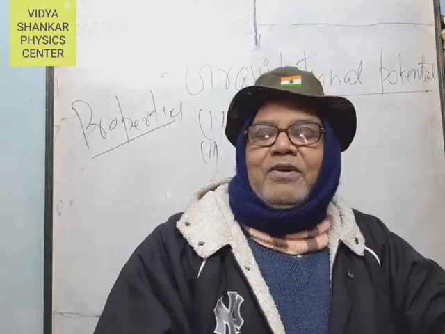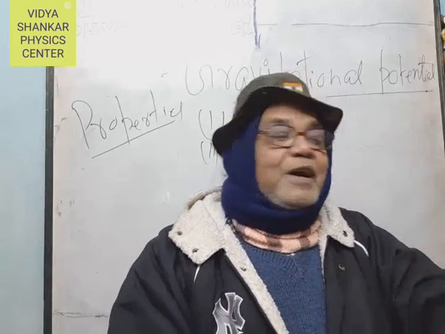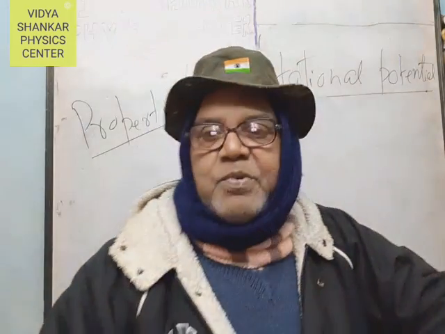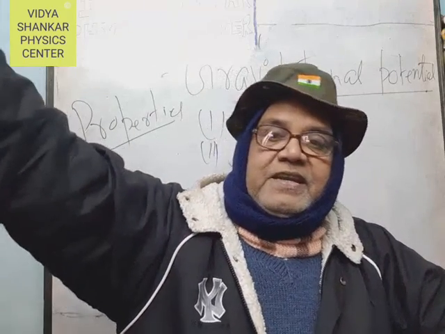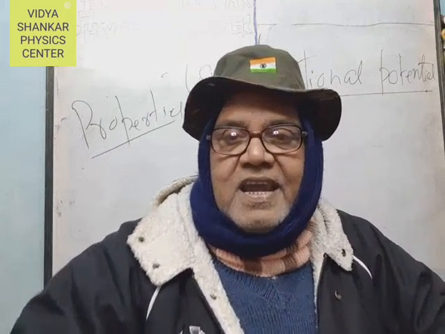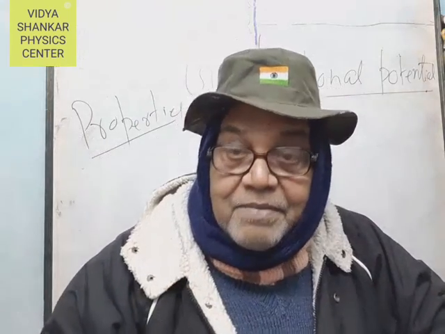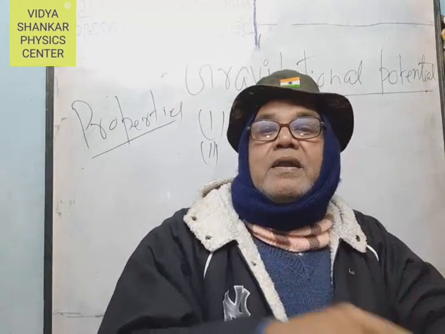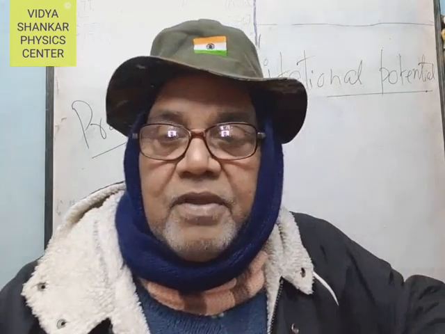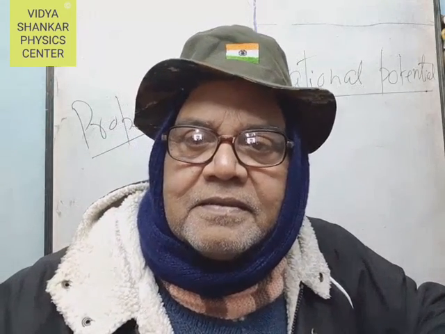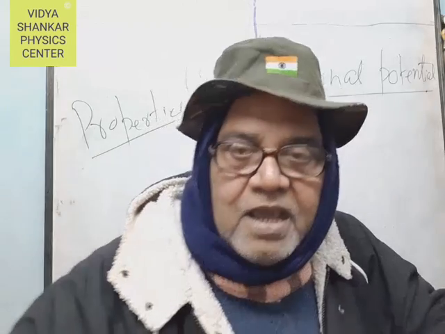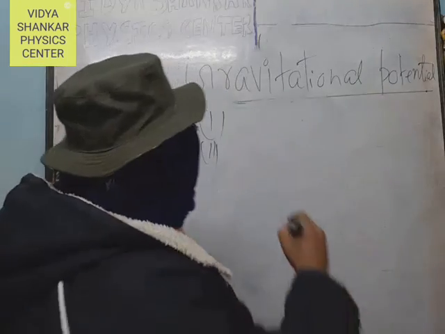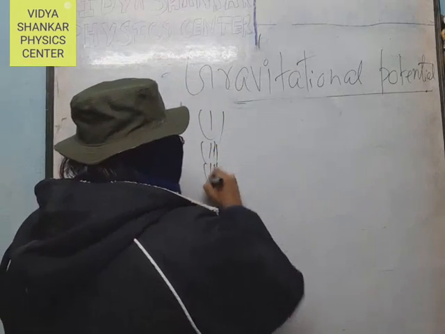Therefore, now we can say that the gravitational potential is zero at infinity, but negative at any point in the gravitational field. Why it is negative? I can explain tomorrow.